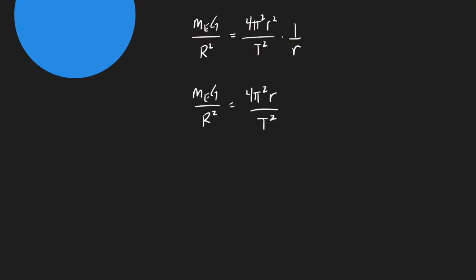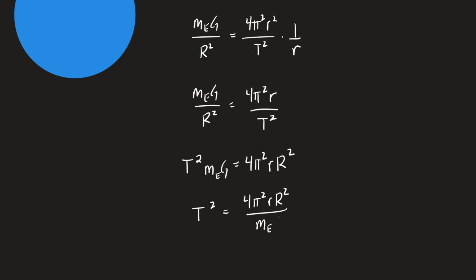Cancel out one of the r's. I could cross multiply. Now I can isolate T. And we've done it.